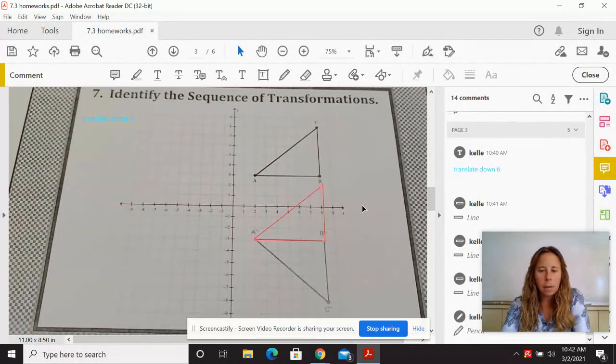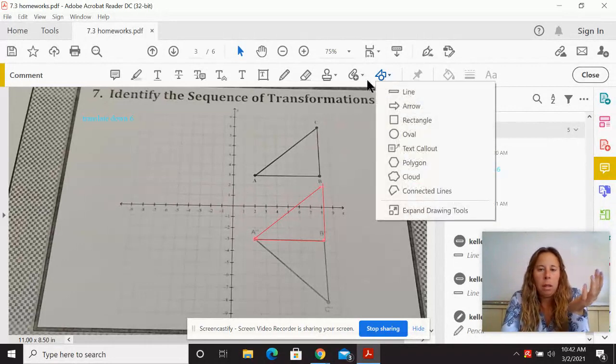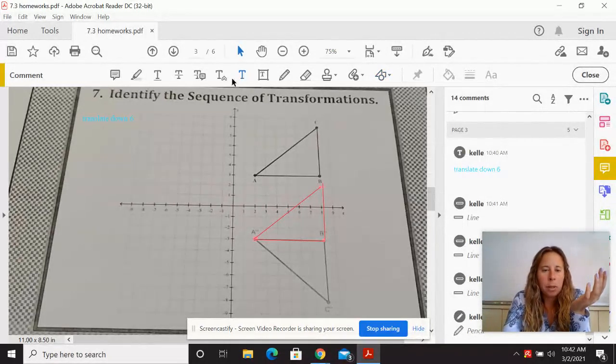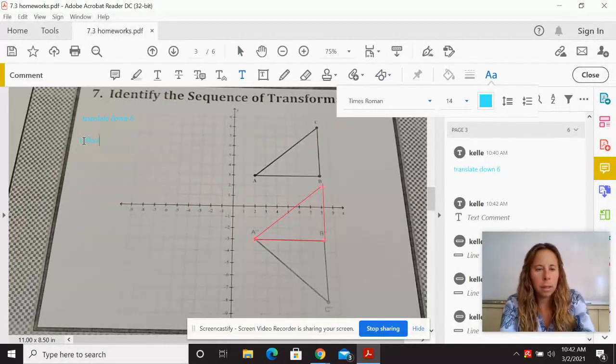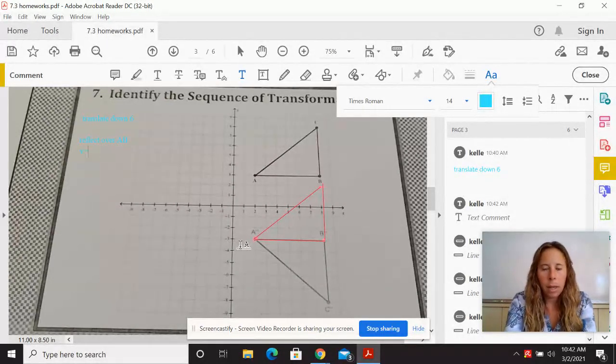So I translated it down 6. Now I just need to reflect it over this line right here. If I reflect it over AB, it'll just reflect directly onto itself. So I'm going to reflect over AB, which, if you want to write the equation, the line is y equals -3.